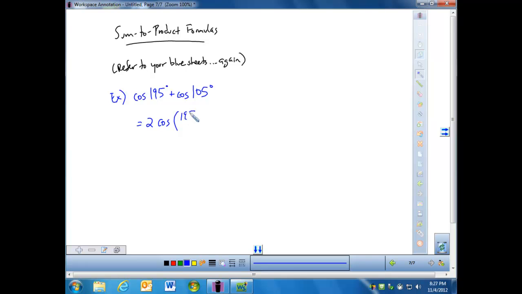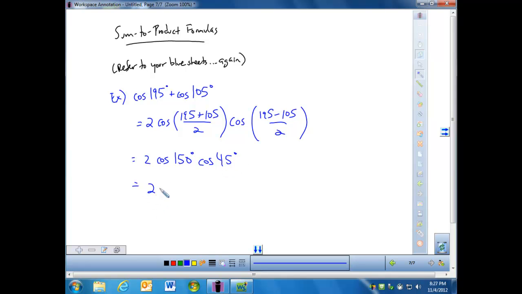And if you use the sum to product formula, you can take the 195 and 105 and add them together. And when you divide by 2, that's going to give you 2 times the cosine of 150 degrees times, when you subtract 195 from 105, you get 90 divided by 2 is 45 degrees.